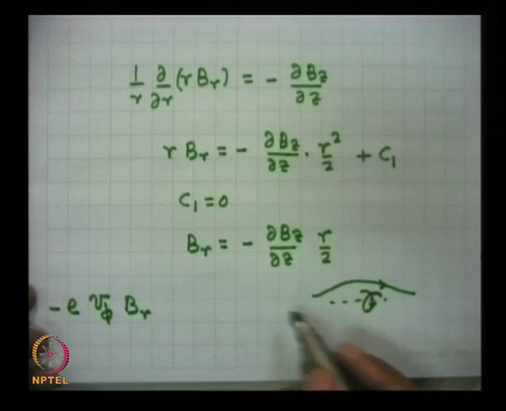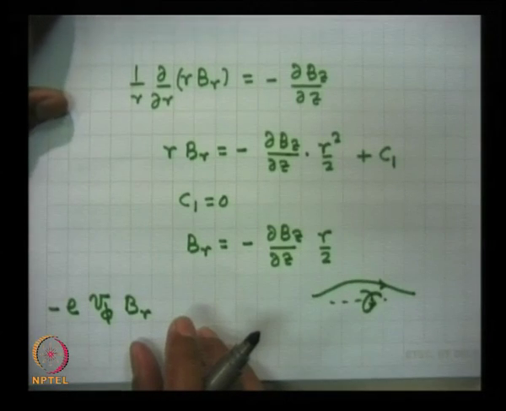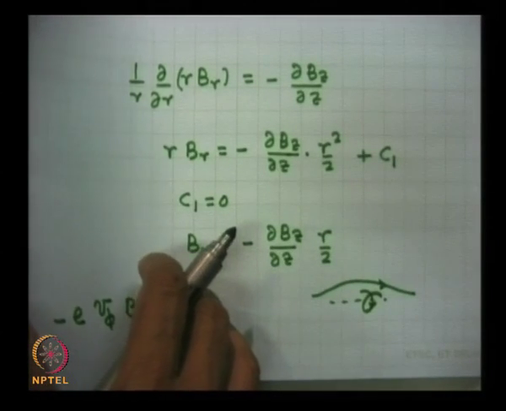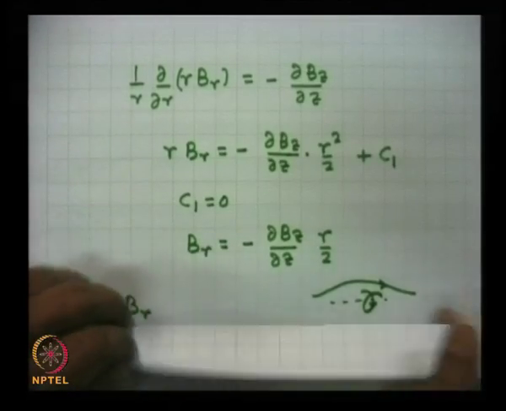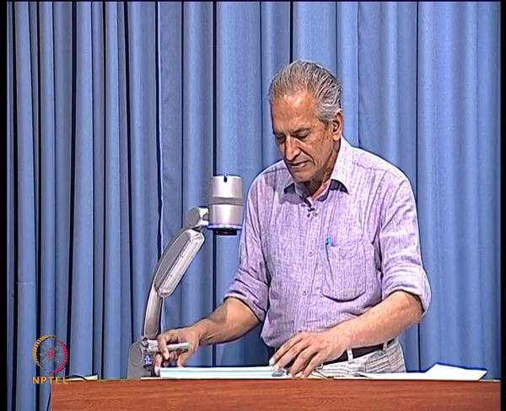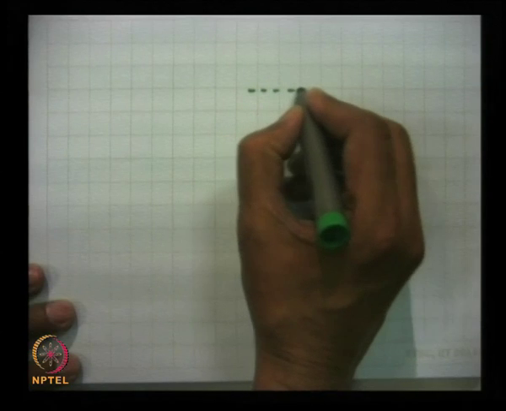Before I calculate this reversible axial force on the electron, let me define a quantity called the magnetic moment of the rotating electron. So I am trying to consider the motion of an electron about the axis. So this is the axis of the machine.